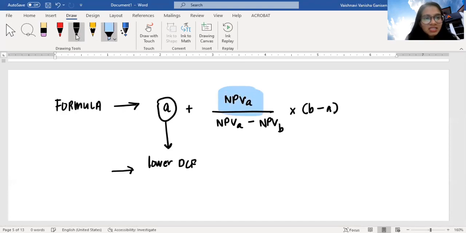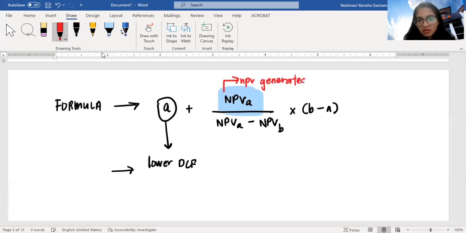NPVA is the NPV that you generate with the lower discount factor.